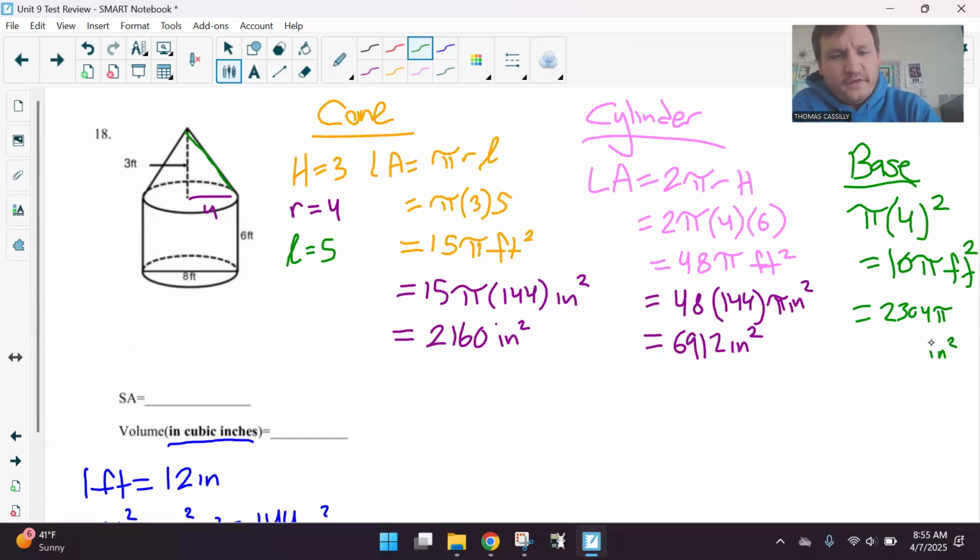So the surface area here, I'm going to add up all of the feet squared. That's 15 plus 48 plus 16. This is 79 pi feet squared. And I'm going to do the same thing with the inches now, but I left off the pi's here.